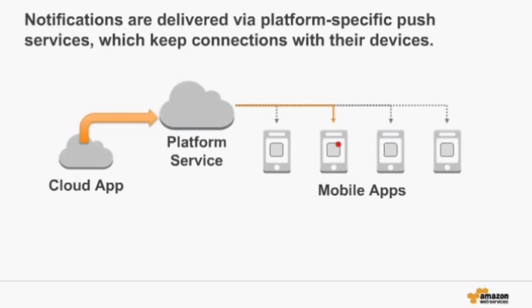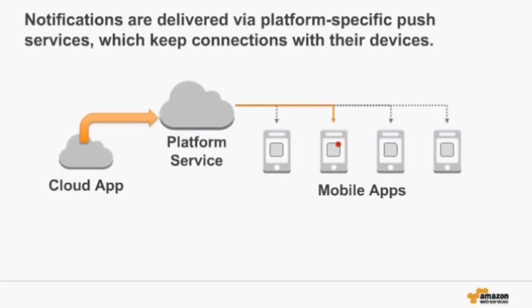And so as a developer, when you address a message to a particular device, rather than sending it directly to the device, and rather than maintaining that particular connection to the particular device, you instead send your notification to the platform service, and the platform service relays it to the device. And this makes your life easier because you don't have to do the work of maintaining tens of millions of simultaneous connections, and you don't need to hold on to messages in order to deliver them when the device may be off, for example, if your user is on a plane.